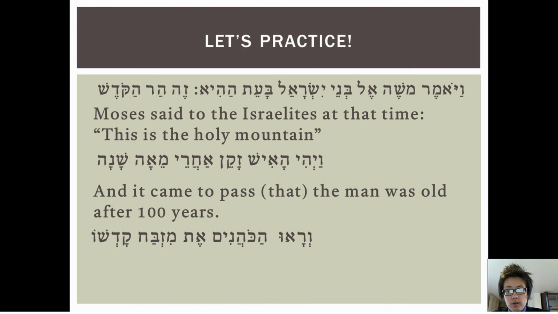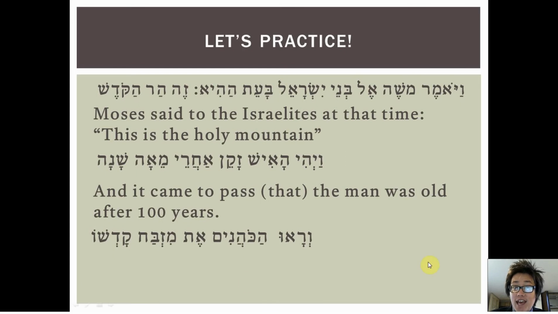Let's go to the next one. V'ra'u hakohanim et mizbach kadsho. Okay, so what are some of the things you recognize here? You probably recognize hakohanim, the priests, right? This is the masculine plural absolute form of the priests.